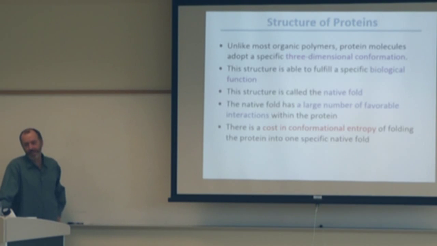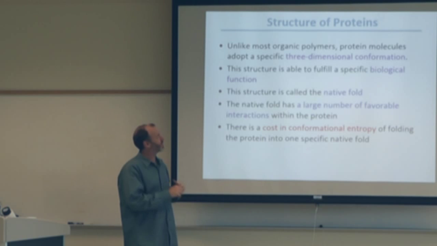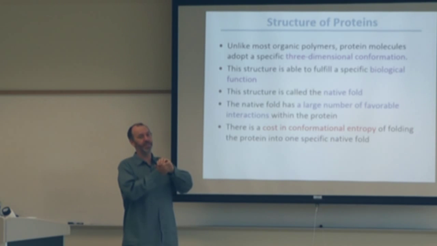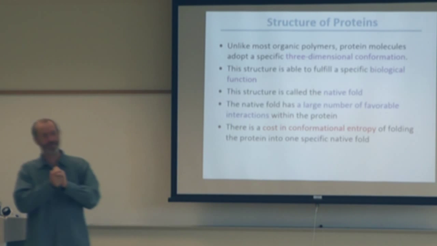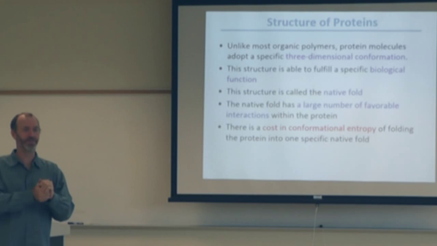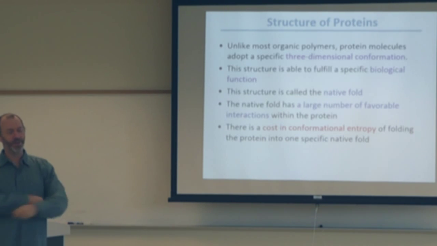So, structure of proteins: unlike most organic polymers, protein molecules adopt a specific three-dimensional conformation. And what governs how it's going to fold into a three-dimensional structure? Intermolecular forces and hydrophobic interactions.